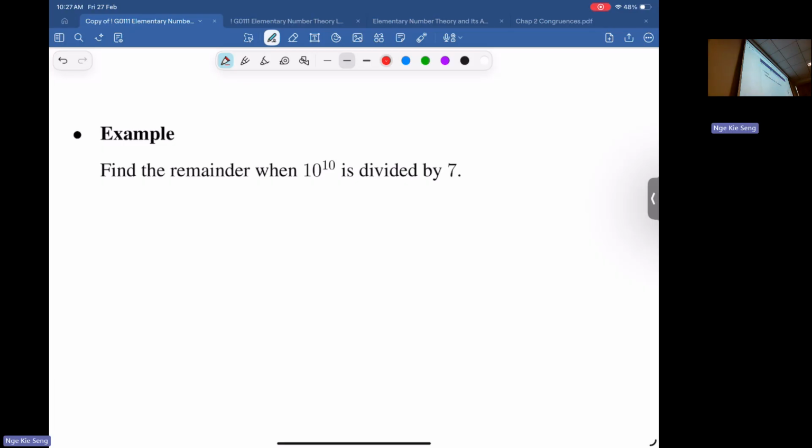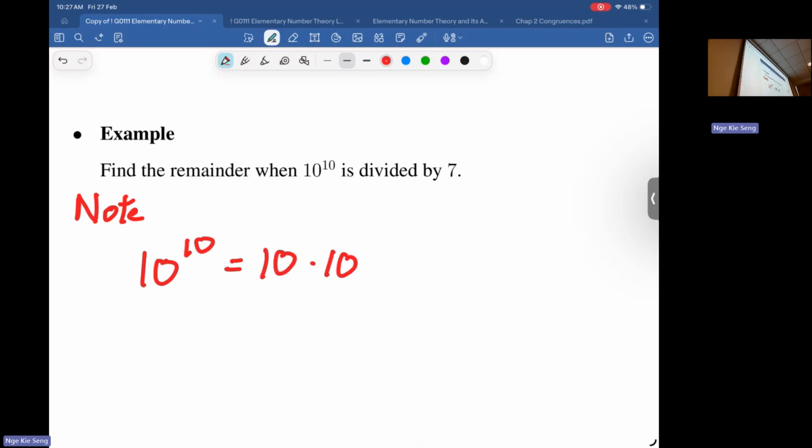So what do you do here? Basically, you need to know what 10 to the 10 is. It's like multiplying 10, ten times.